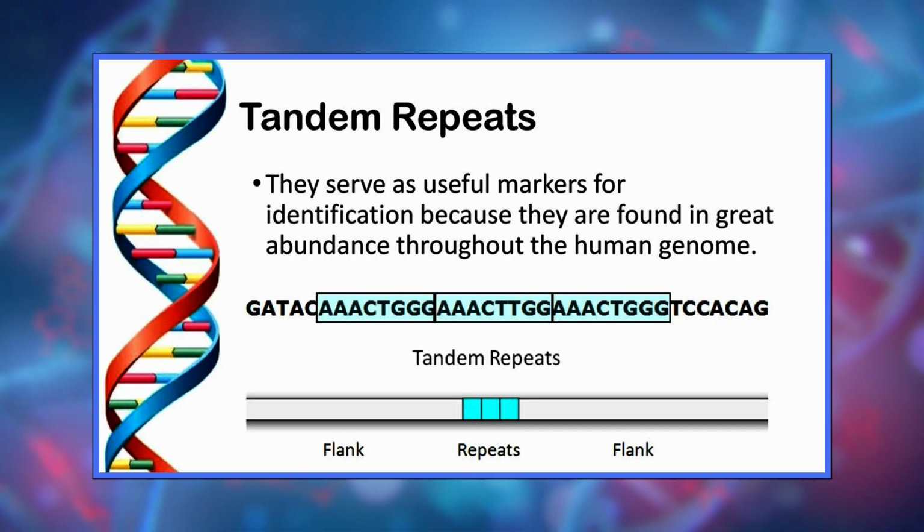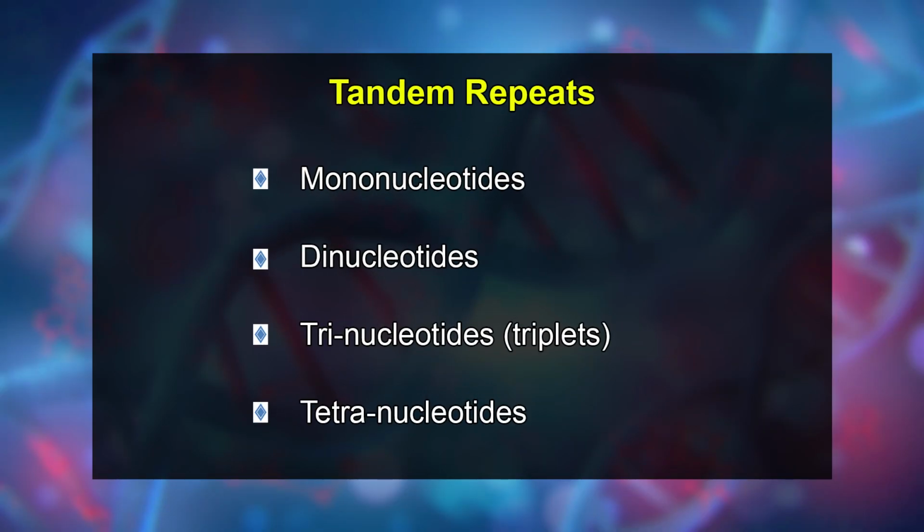The term tandem repeats is used to describe tandemly repeated DNA sequences, also known as simple sequence repeats or satellite DNA, which includes both microsatellites and minisatellites. Tandem repeats can involve mononucleotides, dinucleotides, trinucleotides, that is triplets, tetranucleotides, etc.